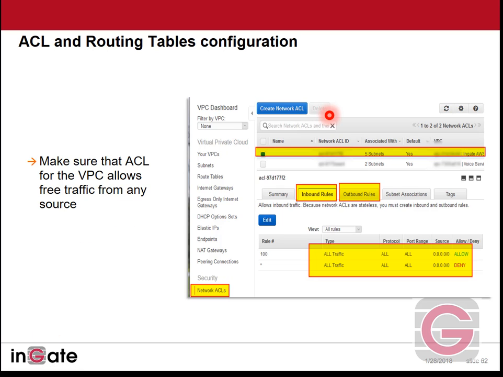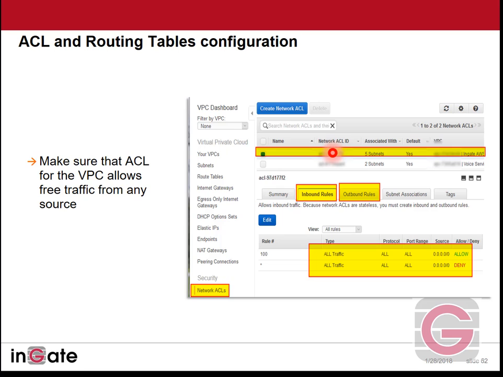Okay, the next step is to review the ACLs. In our case, we're going to just open the ACL to any traffic. So what you need to do is go to the network ACL option here in the security section.